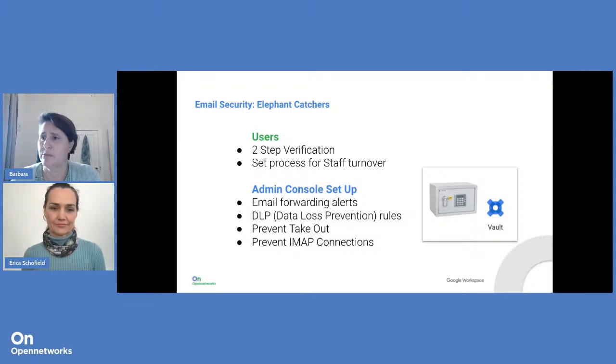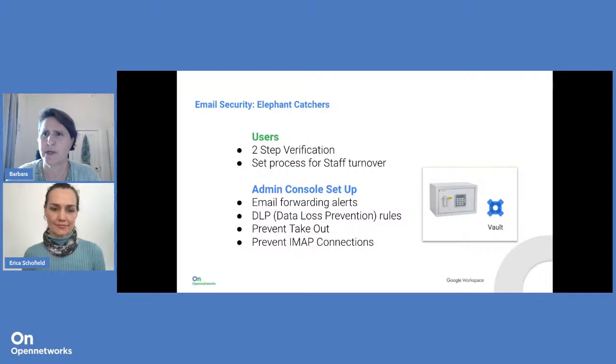Again, something you do in the admin console. IMAP is a protocol that allows applications to get access to messages in the mailbox. So for instance, if you want to use an email client like Outlook, you would use IMAP to get those messages, but then that user actually has a local copy of all those messages on their computer. And again, very handy file just to pass on to a competitor.